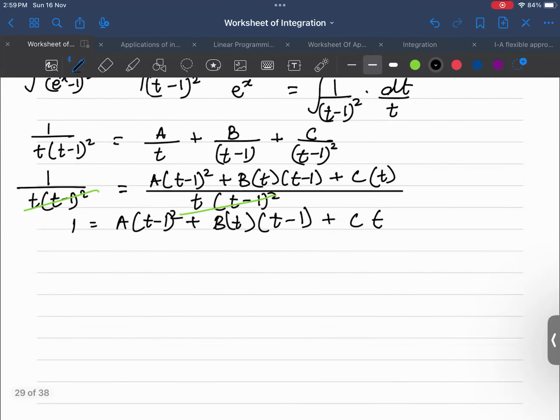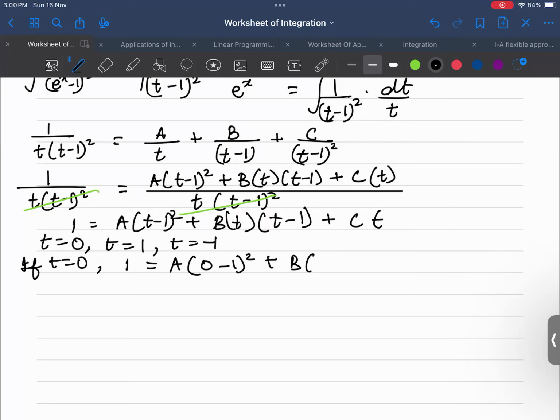Now we can solve for the values of a, b, and c. We can keep t equals 0, t equals 1, and t equals minus 1. If t is 0, it would be 1 equals a (0 minus 1) whole square plus b times 0 plus c times 0. Over here, we get a equals 1. Is it clear? You also solve it.